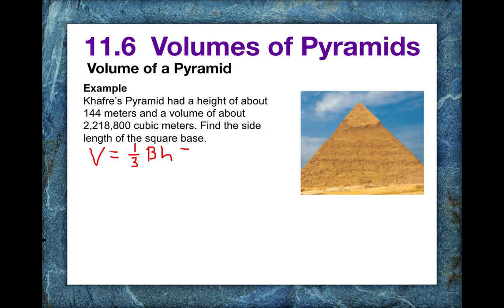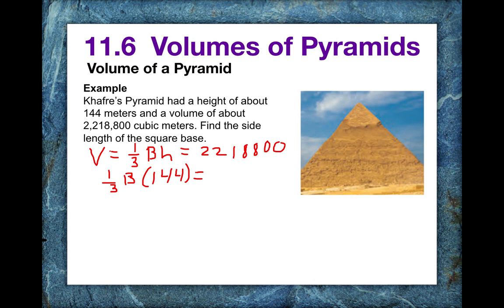And we know that the total is 2218800. And the height is 144. So we have 1/3 base times 144 equals that amount.